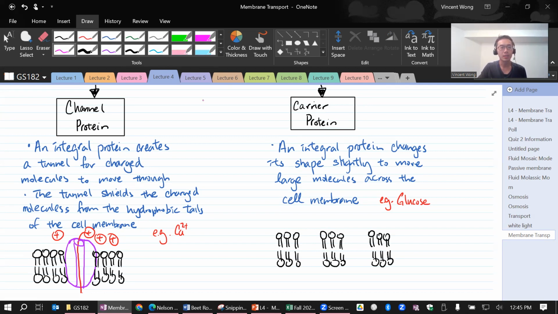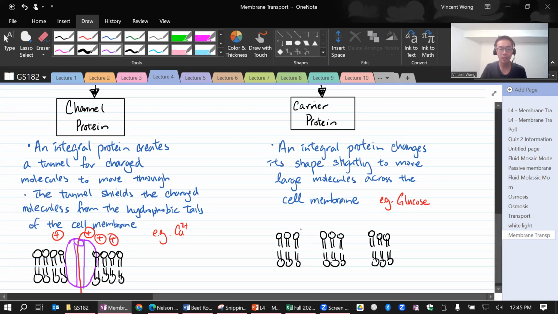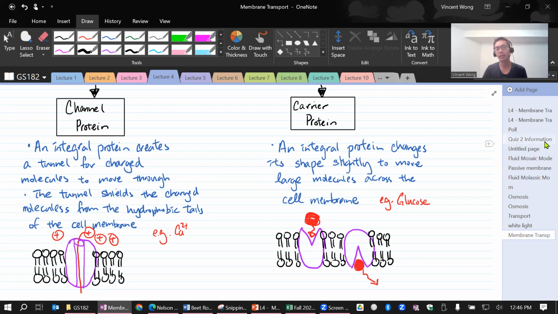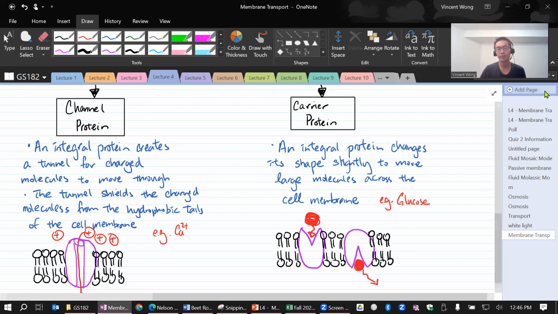So here we have a carrier protein, and let's say we have a big molecule here. It's gonna go into the membrane protein. The membrane protein will change the shape and in turn causes the molecule to be moved across the cell membrane, and it's gonna go into the cell.